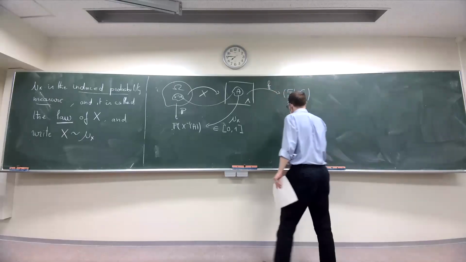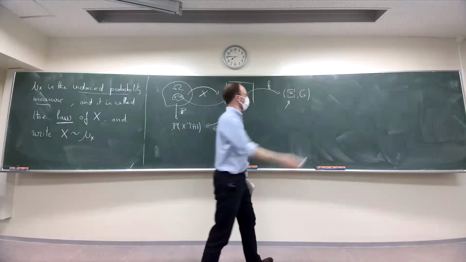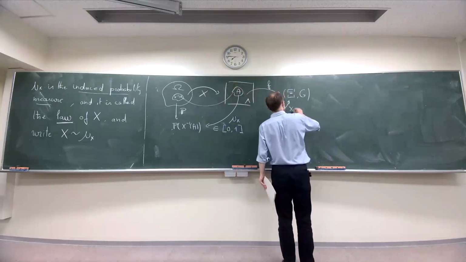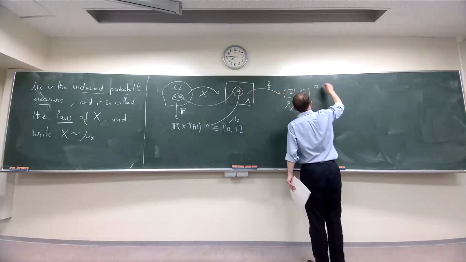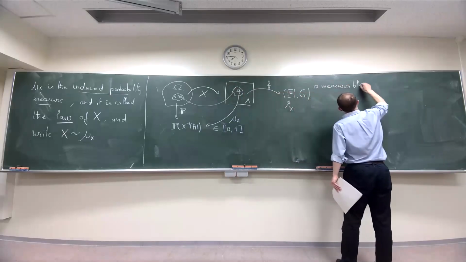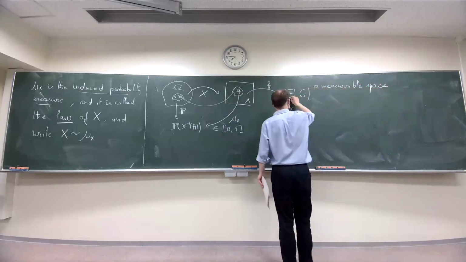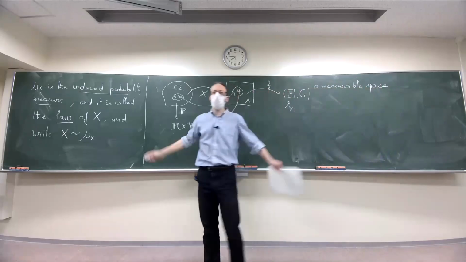So I'm going to use a new space. It's going to be simply a measurable space, which means a set and a family of subsets. Now we are familiar with this.